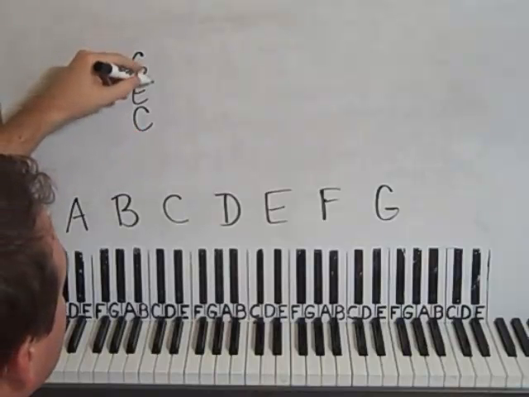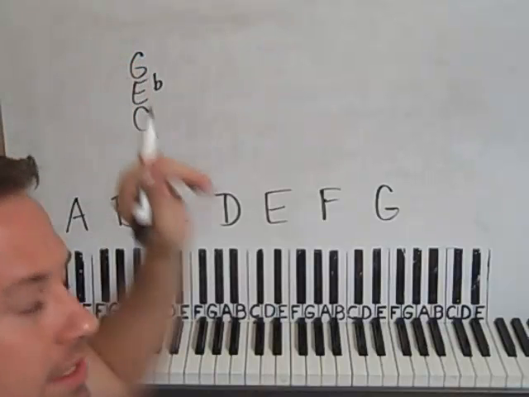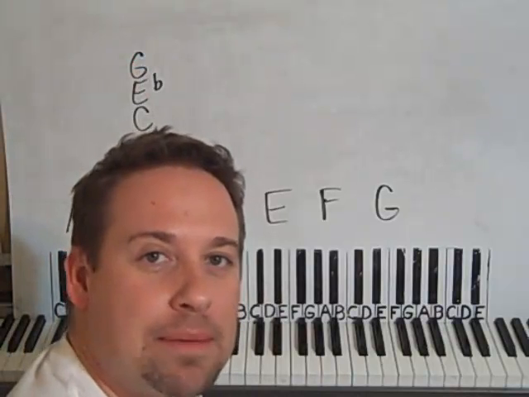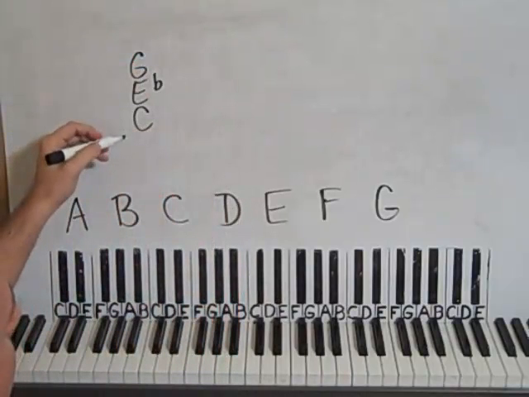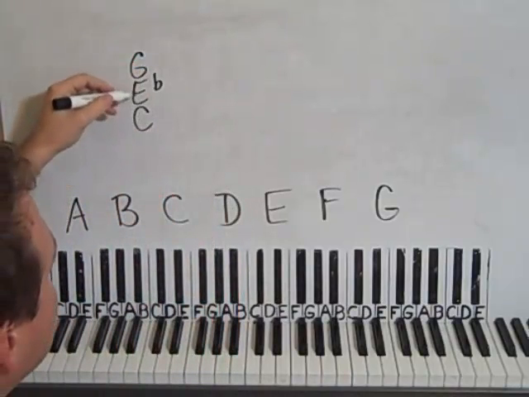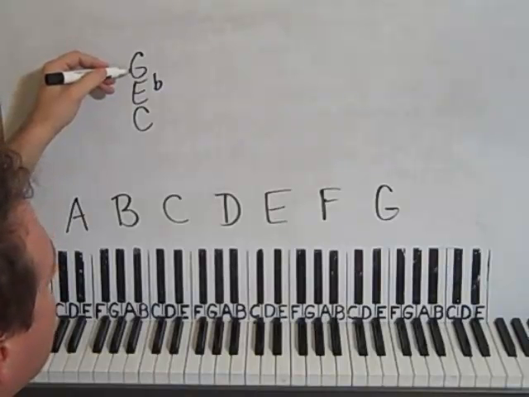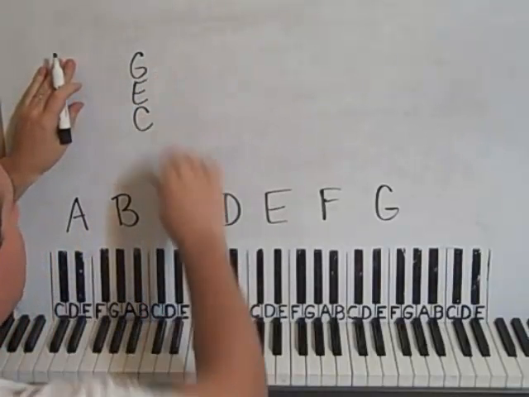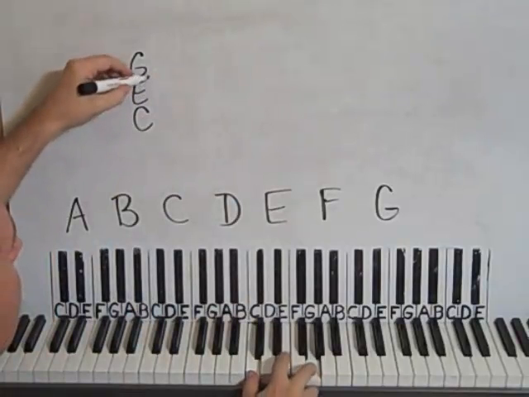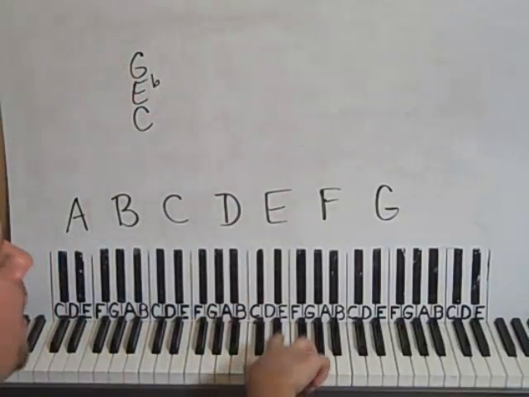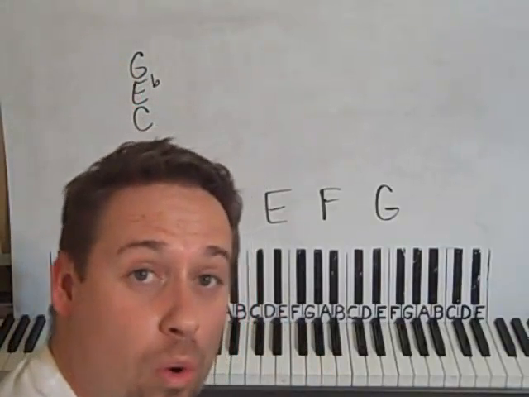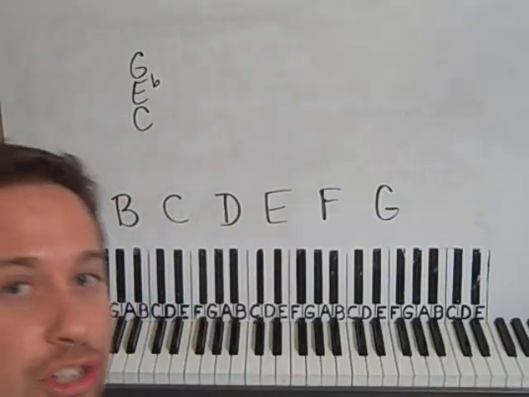But if I flat the E, that is still a C chord. Yes, it's a C minor, but I know that the letters that are in it are going to be C, E, G. That's a C minor. Without the flat, it's a C major. And if I flat the E, yes, it makes it a minor, but it's still a C, E, G chord. The letters do not change.